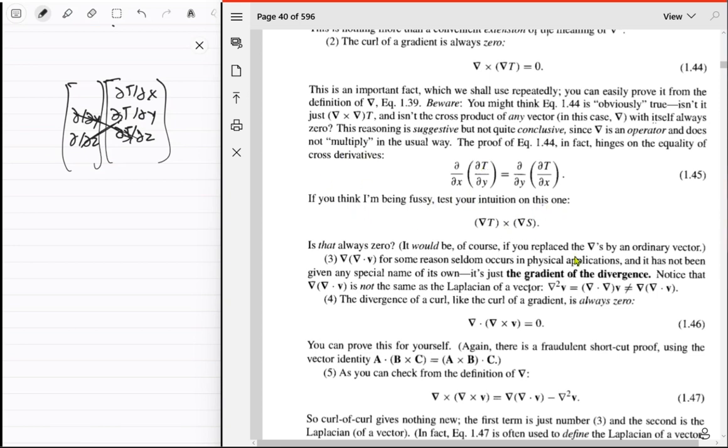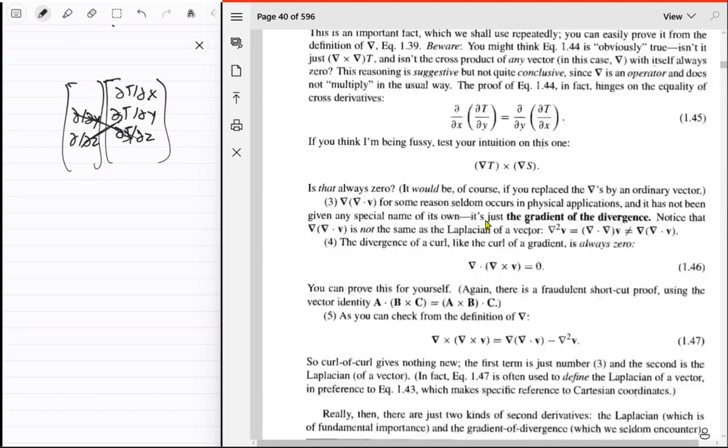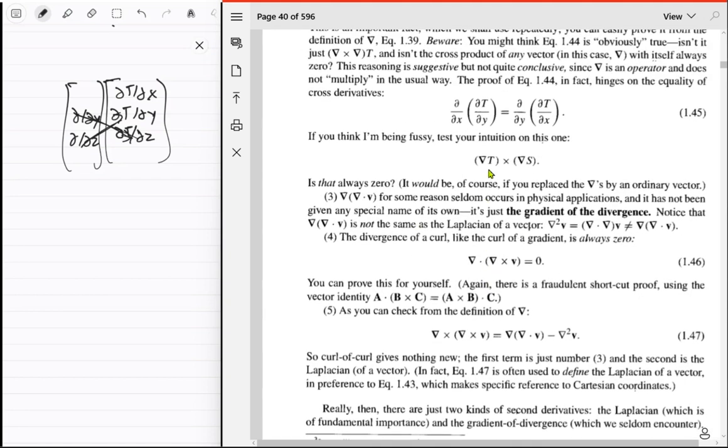Test your intuition on this one. Is that always zero? The gradient of t crossed with the gradient of s. It would be, of course, if you replace dels by an ordinary vector. I don't think so.